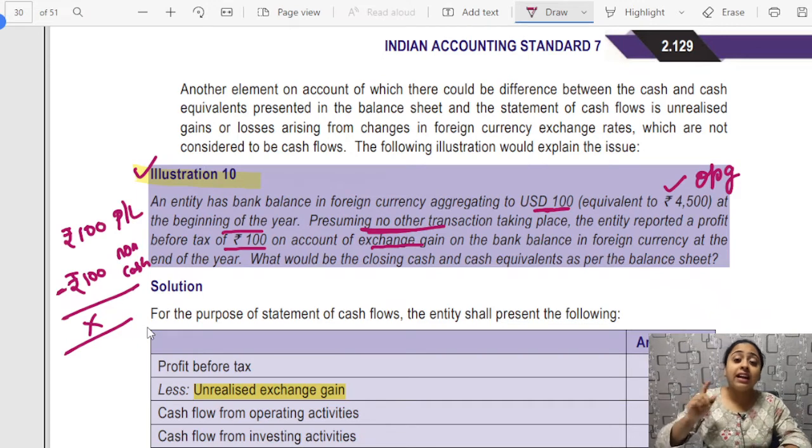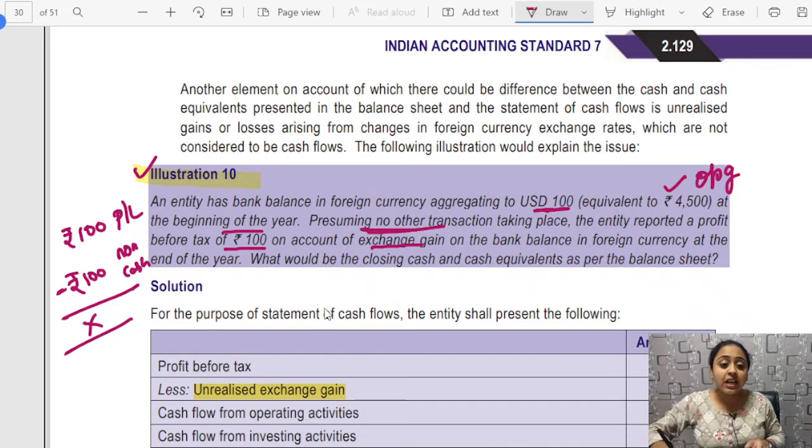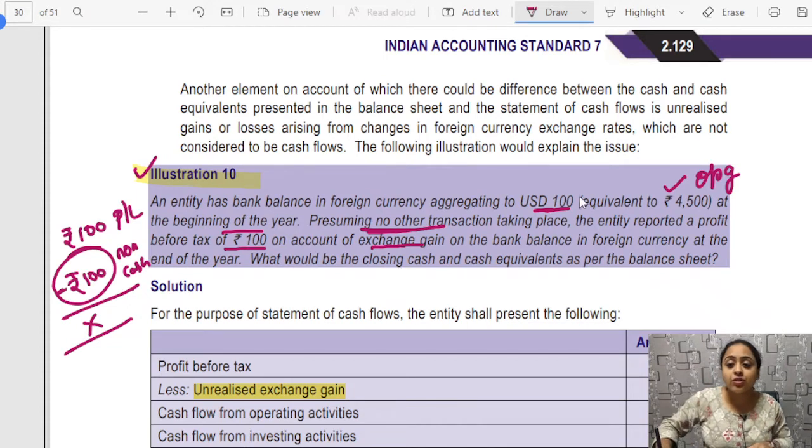Now, it is a rule that whenever you are calculating the cash and cash equivalents, the foreign currency exchange gain or loss has to be included while calculating the cash and cash equivalent. So this 100 rupees will be included in the cash and cash equivalent. Earlier, opening was 4,500.